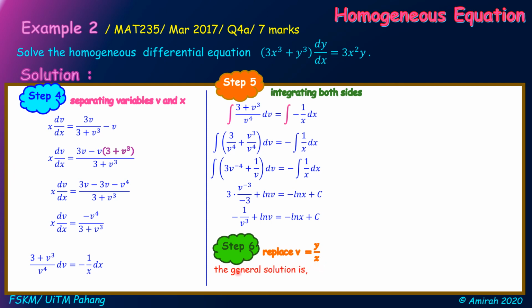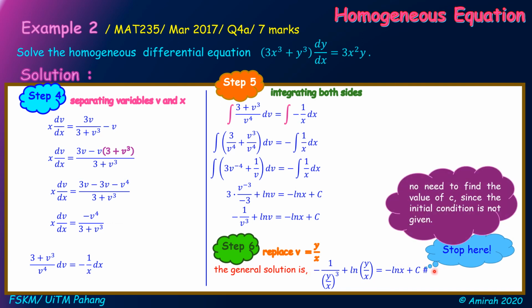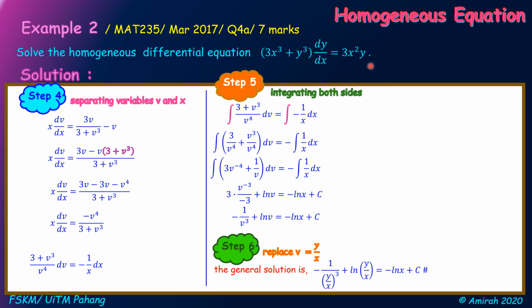So the general solution is negative 1 over (y over x) cubed, plus ln (y over x), equals negative ln x plus c. This is the final answer. We stop here. No need to find the value of c since the initial condition is not given.